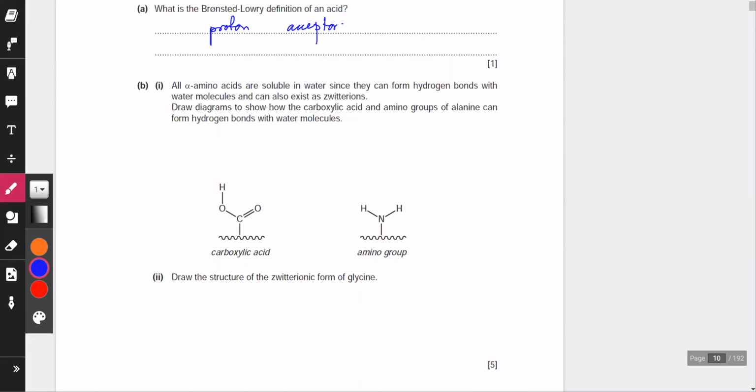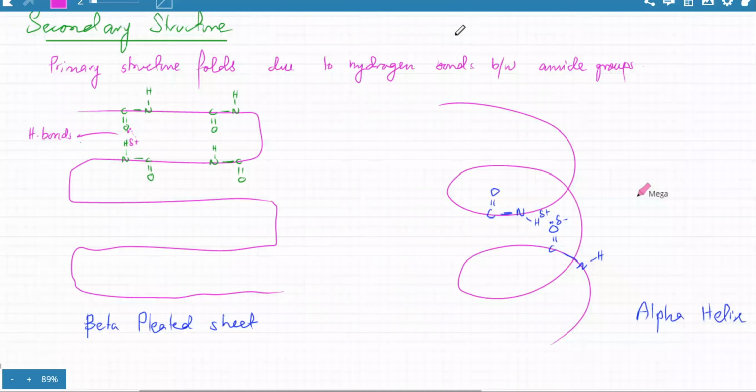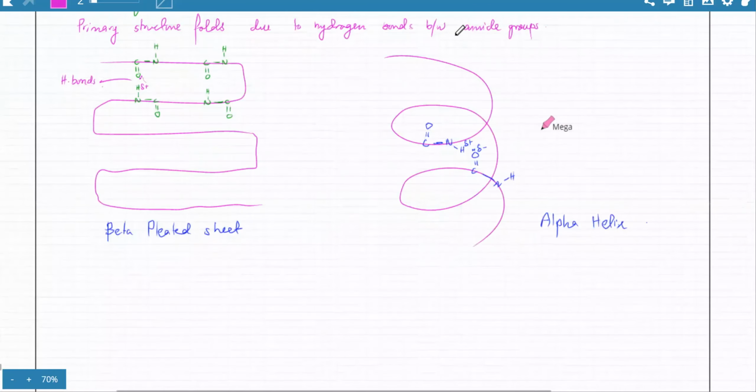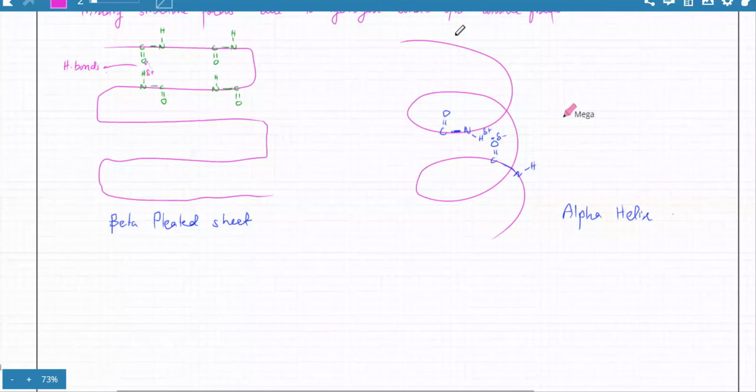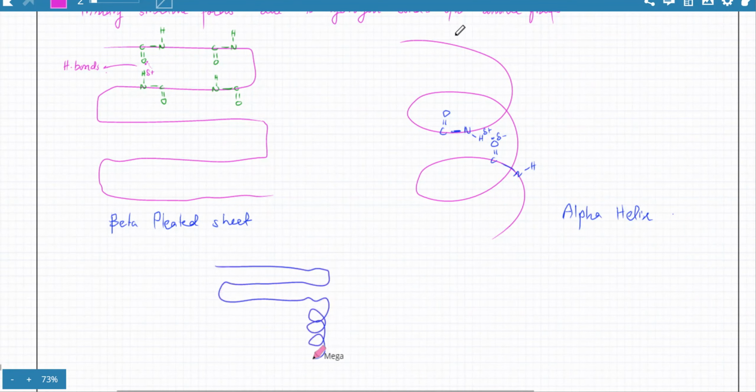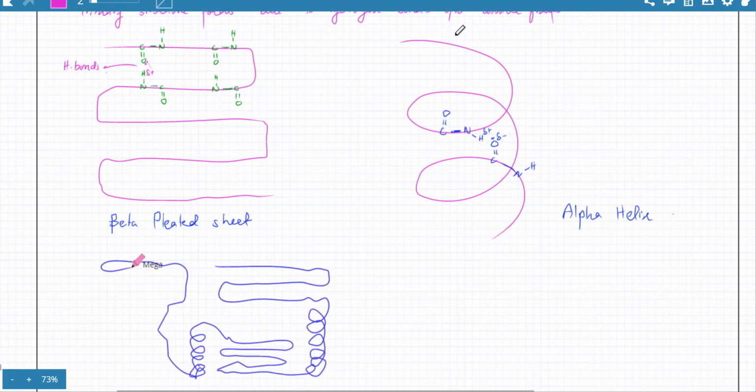I said, what an actual protein looks like is that an actual protein contains both. It's not just beta pleated sheet, because the strand is very long. Okay? So if the strand is very long, it's going to curl up in many different ways. So an actual protein would look like this: it would be forming beta pleated sheets, and then might start forming an alpha helix. Then might start forming these beta pleated sheets again, and then probably not do anything, then forms beta pleated sheets and forms alpha helix.